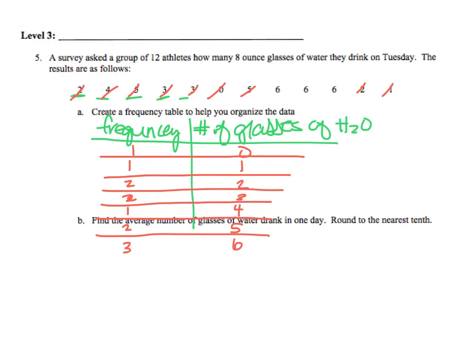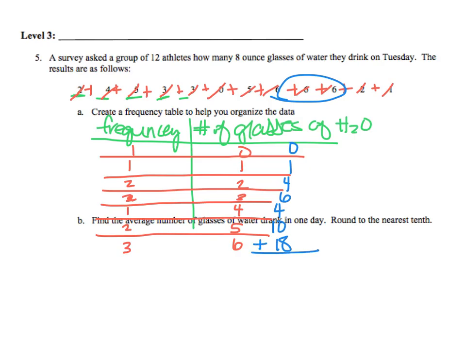So to find the total number of glasses, what you could do is add all these up into a list. Or you could do what we did in level 2s, where we expanded this and you can just multiply. Instead of adding all these up, we can do 3 times 6, because there's 3 6s, to get 18, and then 2 times 5 to get 10, and 4, and 6, and 4, and 1, and 0, and then add those up to get your total.